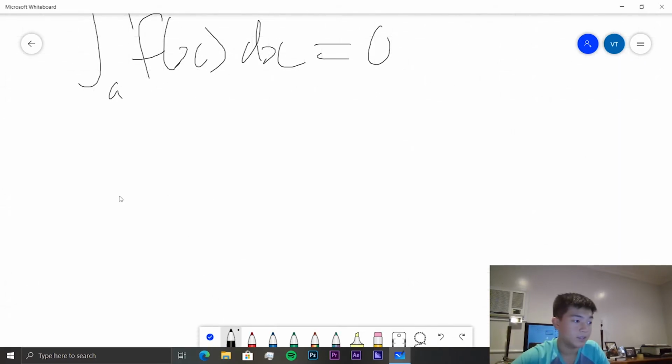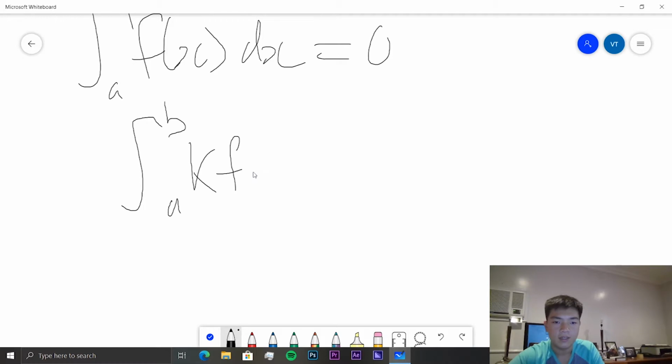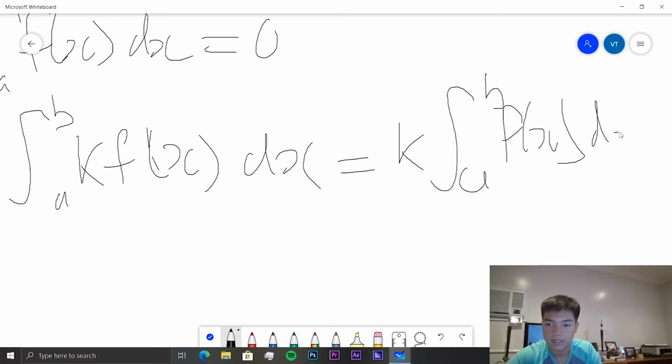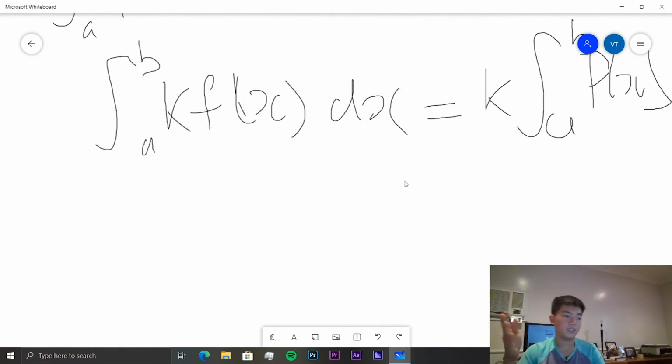Most of the indefinite integral properties carry over. If we have a function being multiplied by a constant inside a definite integral, we can take the constant out of it, and the same goes for adding two functions together.